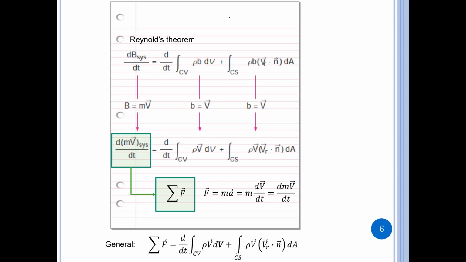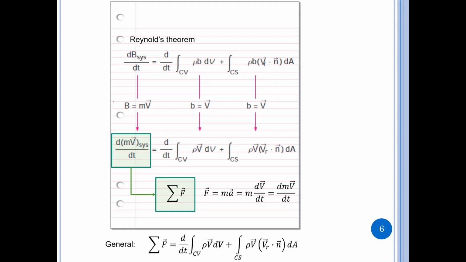When we substitute this uppercase B and lowercase b into our Reynolds transport theorem, we get d(mv) over dt, that is over the system, is equal to d over dt integral over control volume rho v dV plus integral over control surface rho v vr dot n times dA.